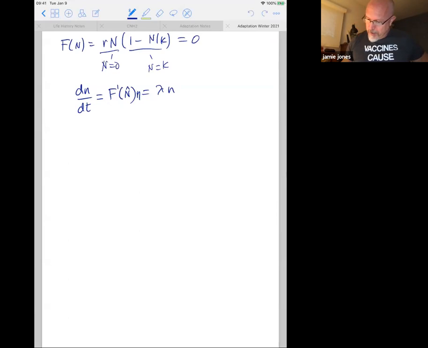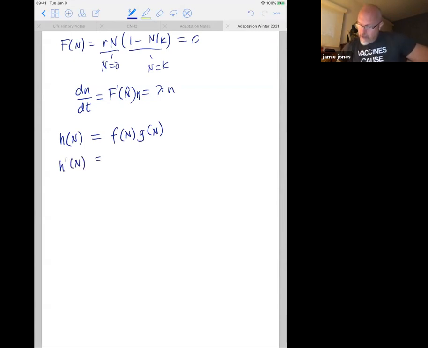And we may remember that when we have some function h of n that is a product of two things, f of n and g of n, okay? H prime of n, what's it equal to? It's equal to f prime of n times g of n plus g prime of n times f of n.